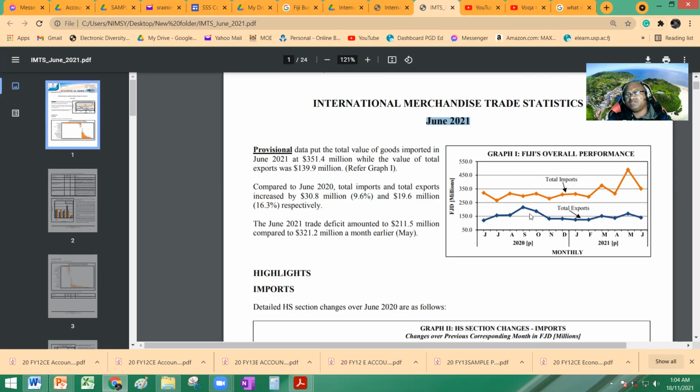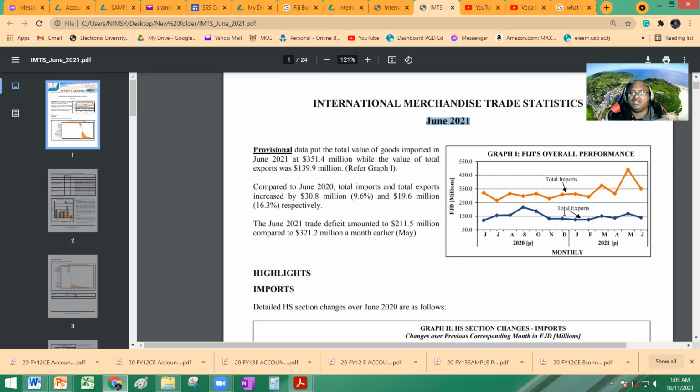If you look at this graph, the import right there is above export in dark blue. So export is lower, import is higher. When our export of goods is lower and our import of goods is higher, we call that trade deficit.